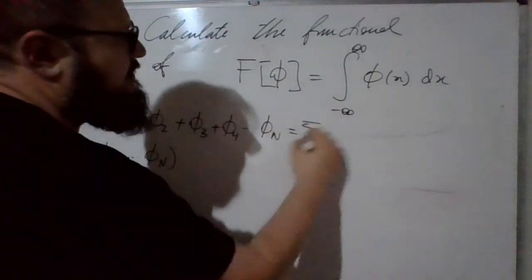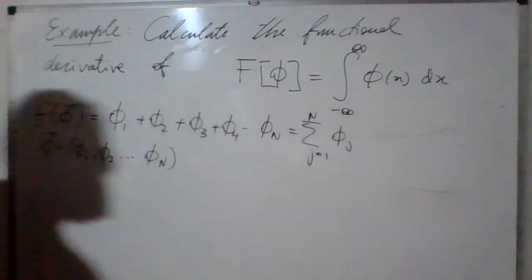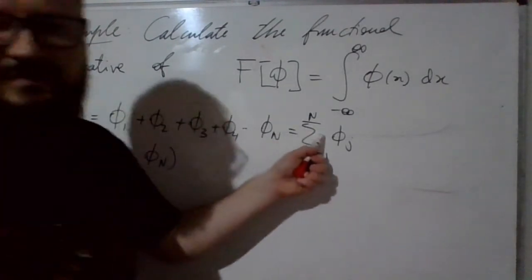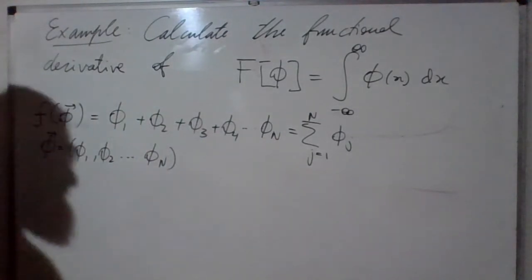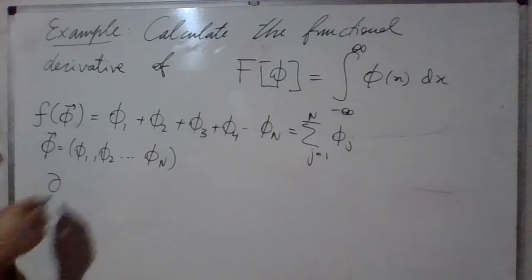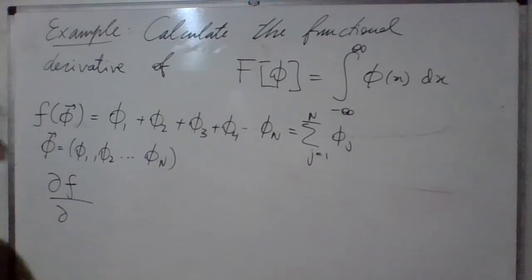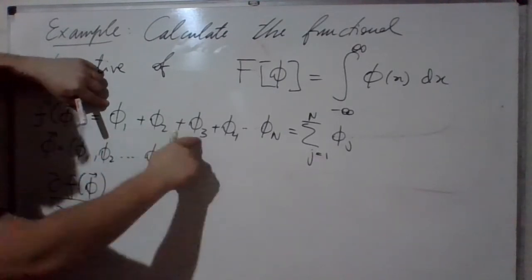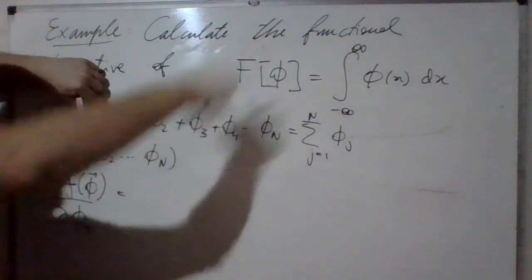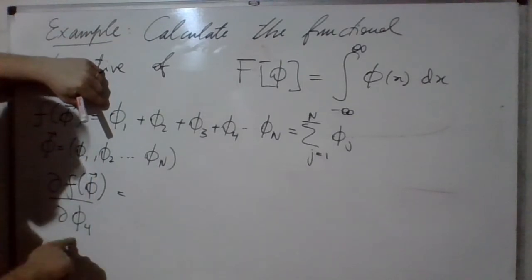This is just the summation from j going from 1 to n of phi j. Okay, this is the discrete version of that functional. Okay, and this is multivariate calculus. If I want to calculate the derivative of this function with respect to, suppose, phi 4, in this case, phi 1, phi 2, phi 3, phi 5, and the others must be taken as independent variables from phi 4.